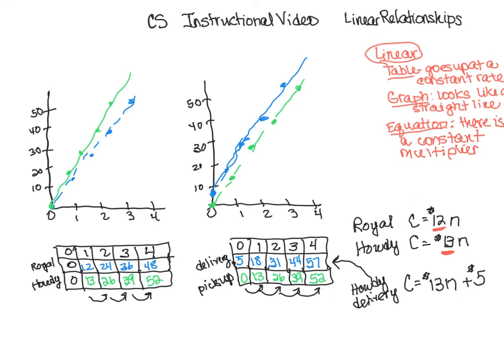But when we start adding something, then I'm looking now at, I have this constant, but I have this piece that I'm adding. So this is linear, goes up by the same amount every time. This is linear, goes up at the same amount every time.